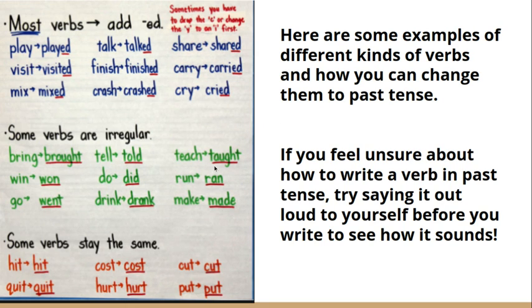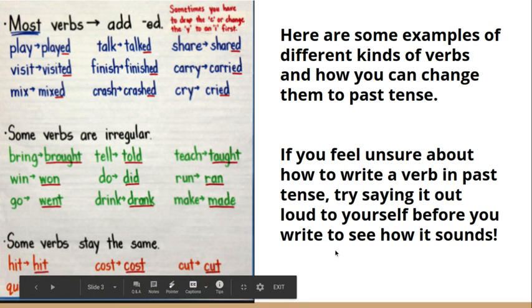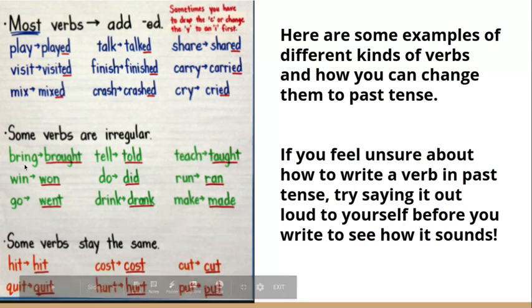Now, there are some that are irregular, and some that stay the same. So, bring, I bring, well, if it already happened, I brought. Let's look at another one. My character makes something. Well, if it already happened, my character made something.